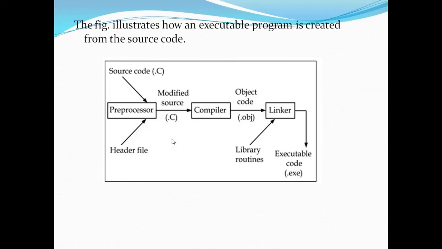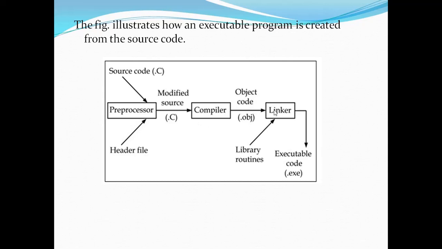This figure illustrates how the C program will execute. Here it is the preprocessor. It includes the header files and the source code. The compiler takes the .c file as input and creates one object file.